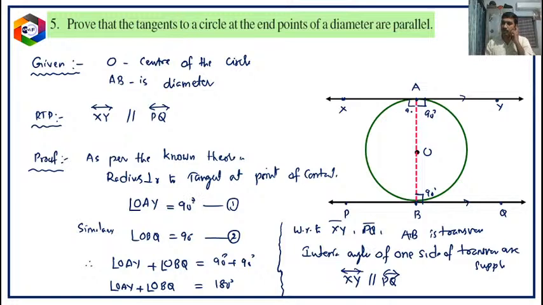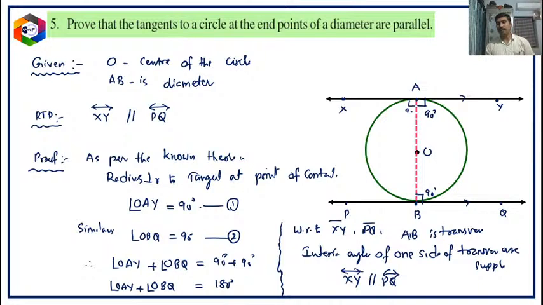Now as per the known theorem, radius is perpendicular to the tangent at the point of contact. Angle OAY is equal to 90 degrees. Angle OBQ is equal to 90 degrees. Angle OAY plus angle OBQ is equal to 90 plus 90, which is 180.